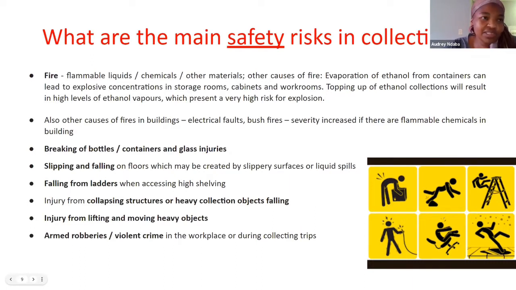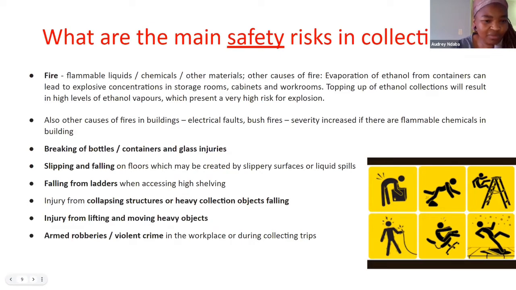You can sometimes slip and fall because of a wet floor or an uneven surface. Or you can fall from a ladder while trying to access shelving that is higher than you can reach. Another example is an injury from a collapsing structure or a heavy collection object falling on top of you.